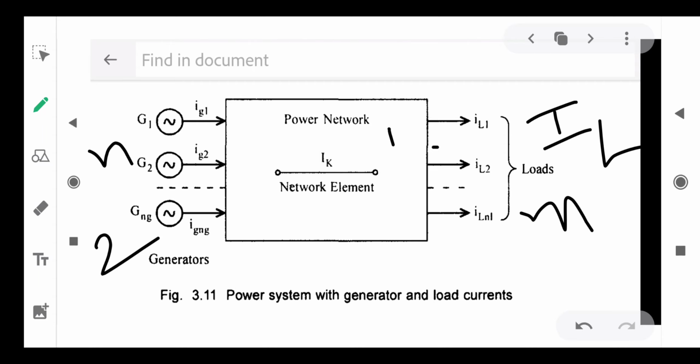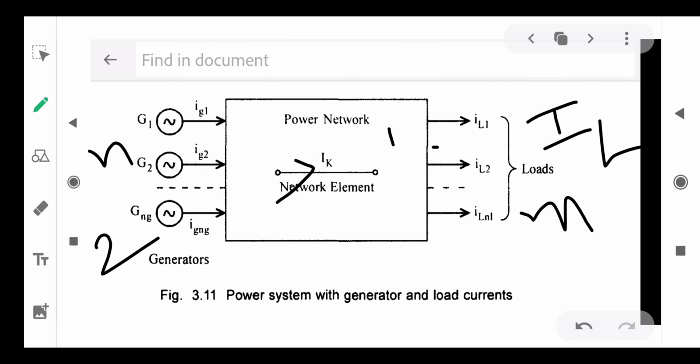Here many transmission lines are there. Let us have m number of transmission lines. Each line will carry some current. Let us consider one transmission line in which the current flowing is IK, the current through the element. Each line will have current IK1, IK2 up to m lines.